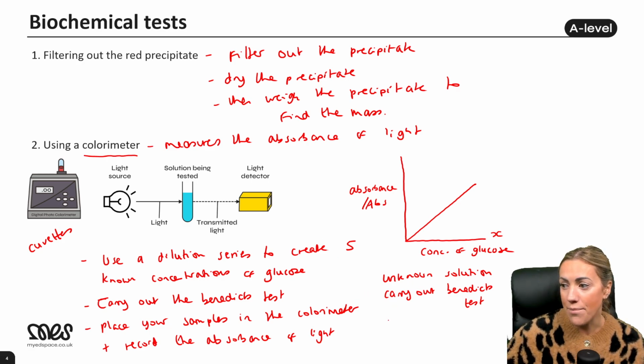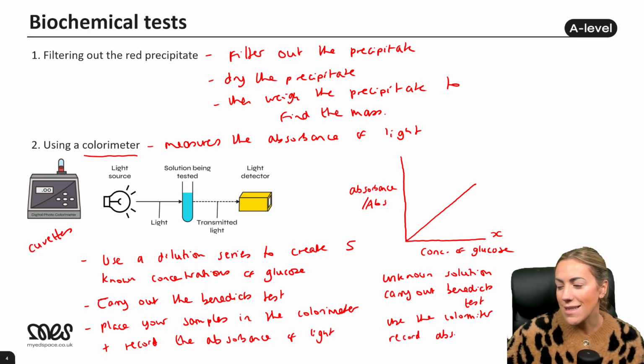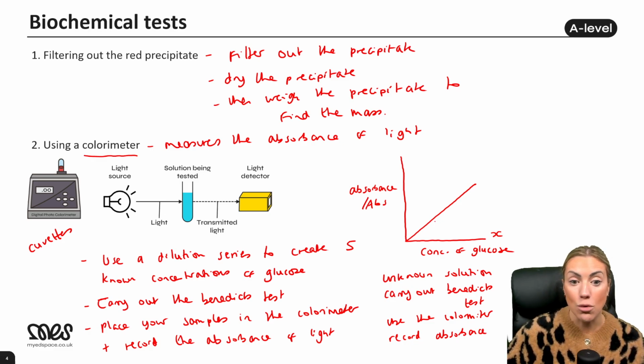Then you'd use the colorimeter and you'd use the same filter, the same color filter in the colorimeter, for example. So use the colorimeter, record absorbance, and then, and this is the clever bit, because you've got your pre-drawn calibration curve that you constructed using your absorbance values for your known concentrations, once you've got the absorbance value for your unknown concentration, you can find it on the graph.